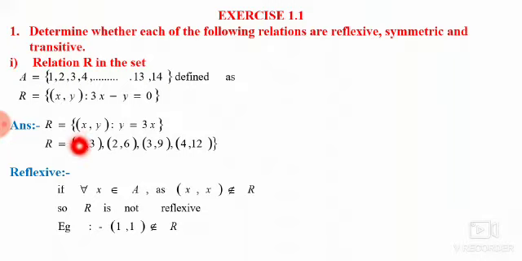Only these are the members of the relation R, and these elements are a subset of the given set A cross A. Now we have to determine whether this relation R is reflexive, symmetric or transitive.